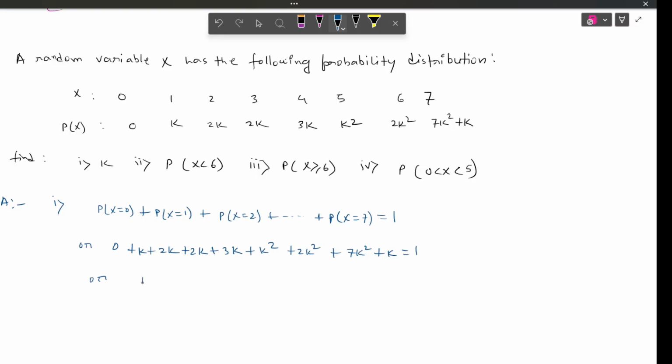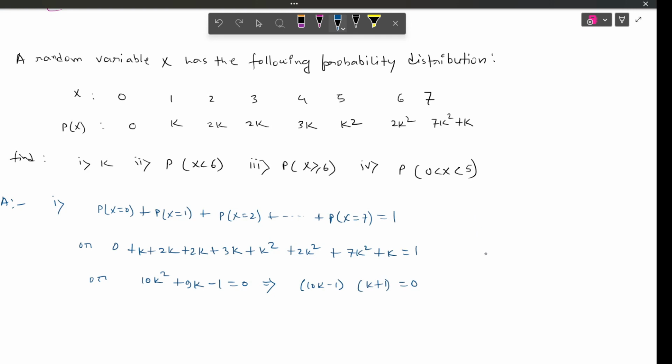So that means 10k square plus 9k minus 1 is 0. So after middle term splitting, we will get (10k minus 1)(k plus 1) equals 0.